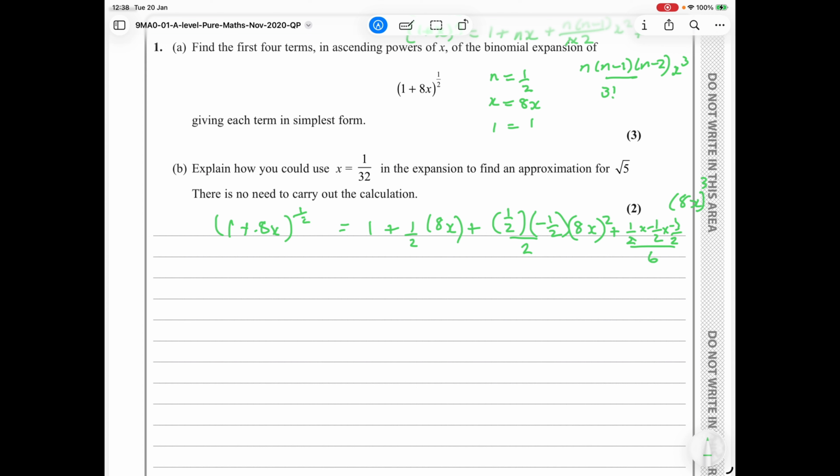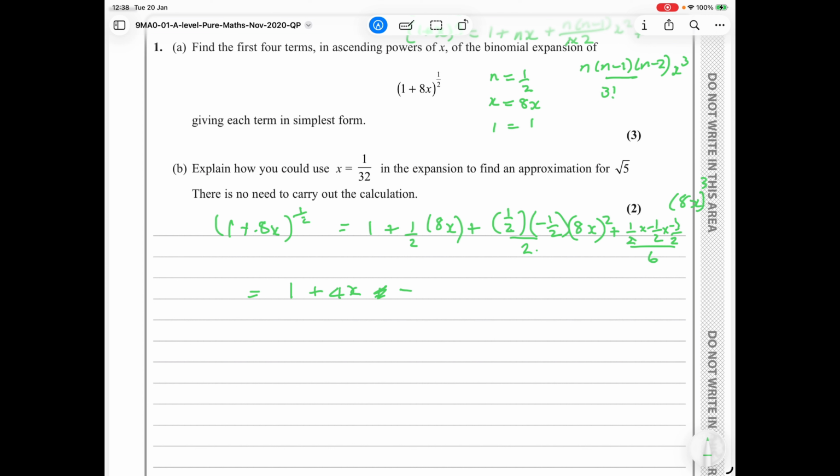So when we make it look nice, it equals 1 plus 4x, plus, hang on, that's going to be a minus, isn't it? So it's minus, and half times minus half is a quarter, divided by 2 is an eighth.